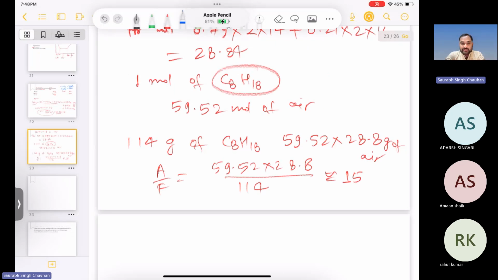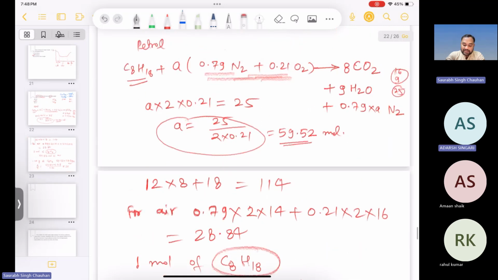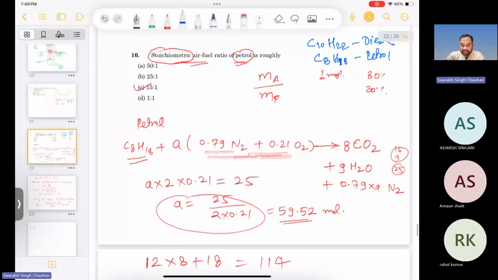And calorific value is about how much heat or thermal energy you are getting after burning 1 kilogram of fuel. When you burn any fuel, there is some chemical reaction taking place, right? And when the chemical reaction takes place, some bonds are broken and some new bonds are formed. For example, you had the octane here, normal octane.